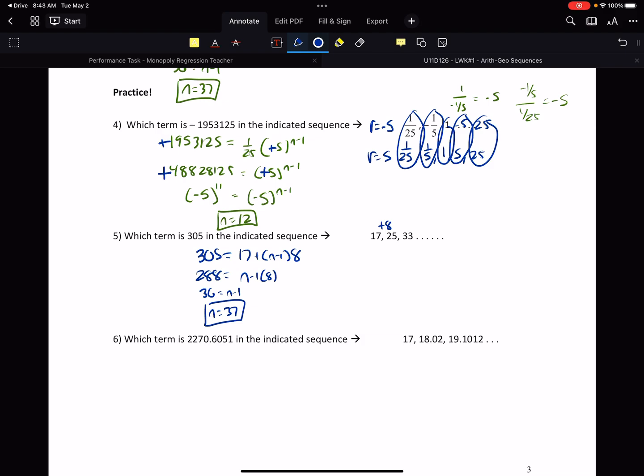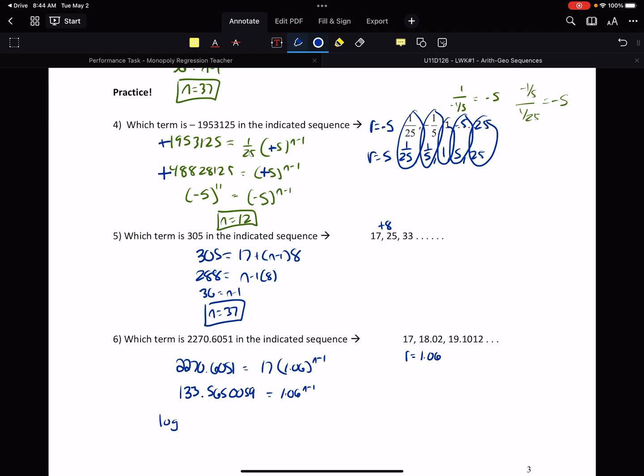All right, so let's see if I figure things out. I got a common ratio of about 1.06. 2270.6051 equals 17 times 1.06 to the n minus 1. Divide by 17, 133.5650059 equals 1.06 to the n minus 1.